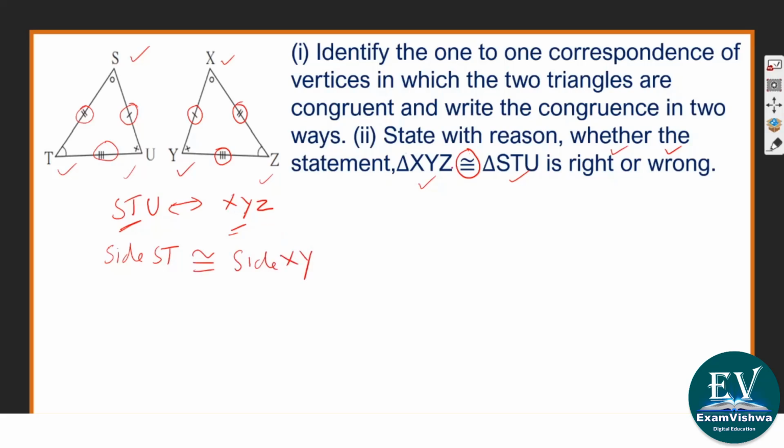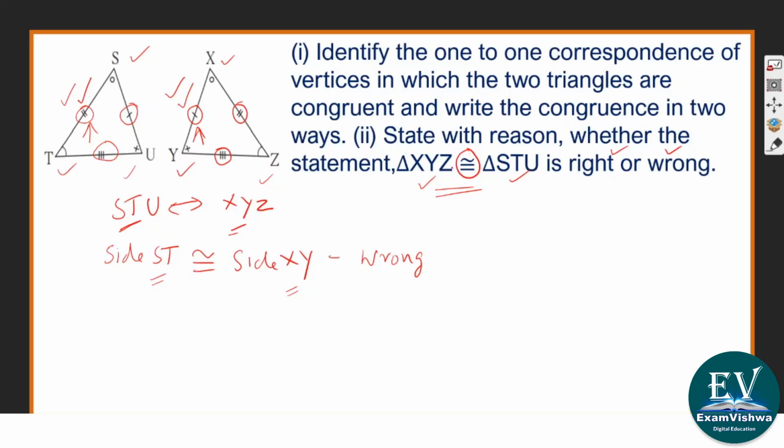If I write this is XY, first two, so this is side ST and this is side XY, but according to this they are not congruent. This is wrong. If this is wrong, then the statement is wrong. I only took one side's congruency. Is ST congruent to XY? By looking at the given information, I found that they are not congruent. So that means the statement is wrong.